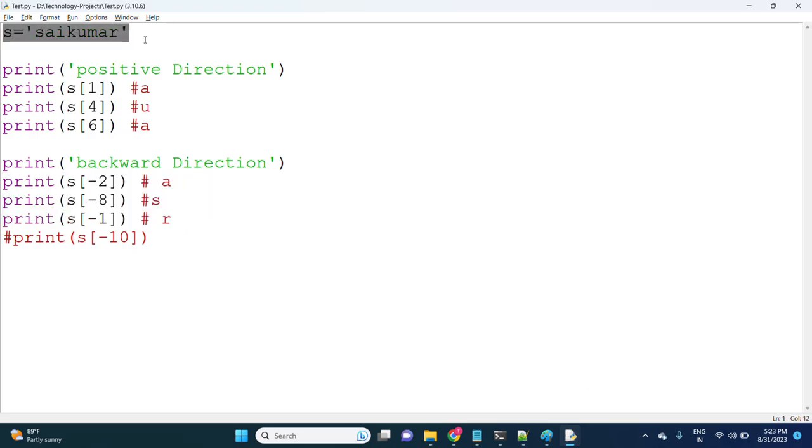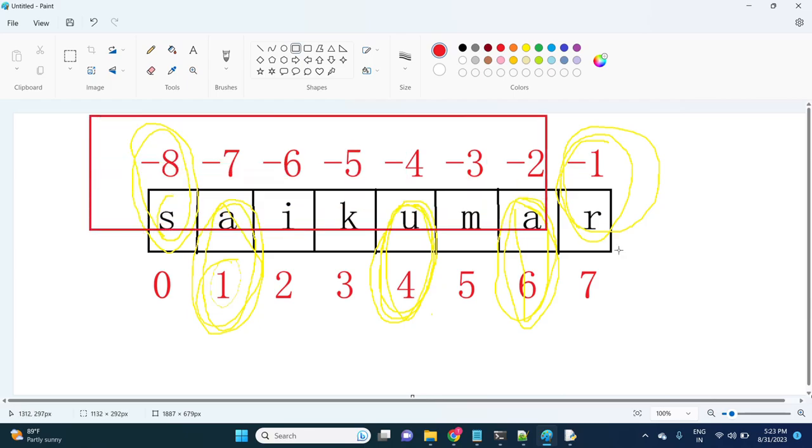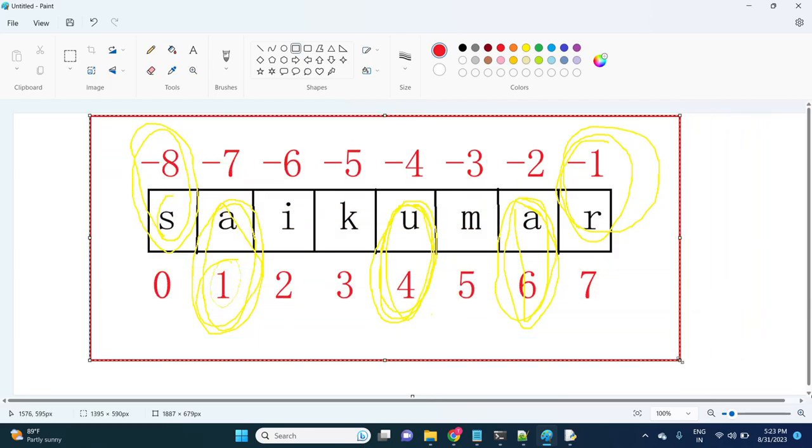Whenever you give the string, Python PVM is going to consider the characters in this way, in this format, and based on this information it is going to give you the outputs. Clear?